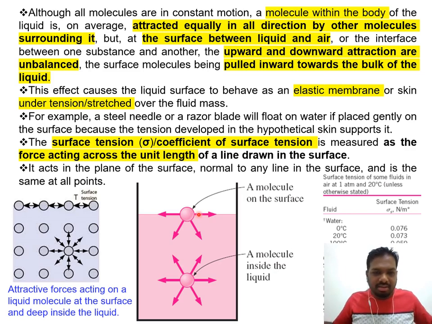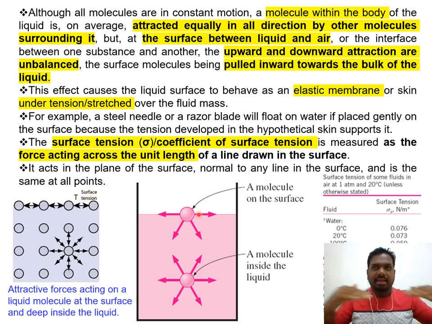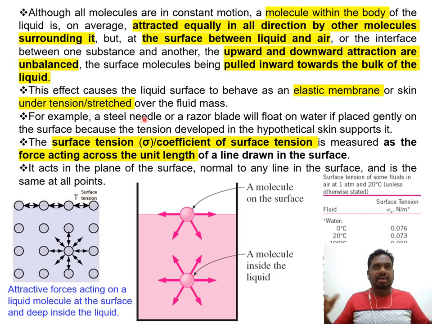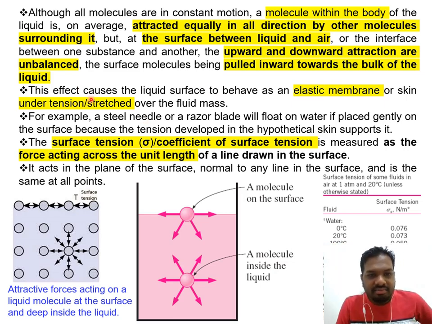It pulls the molecules so that they become like a skin, which we call an elastic membrane or skin under tension or stretch. It becomes like a thin layer of protection between the fluid and the air. These effects cause the liquid surface to behave as an elastic membrane or skin under tension. For example, a steel needle or a razor blade will float on water if placed gently on the surface, because the tension developed by the hypothetical skin supports it.